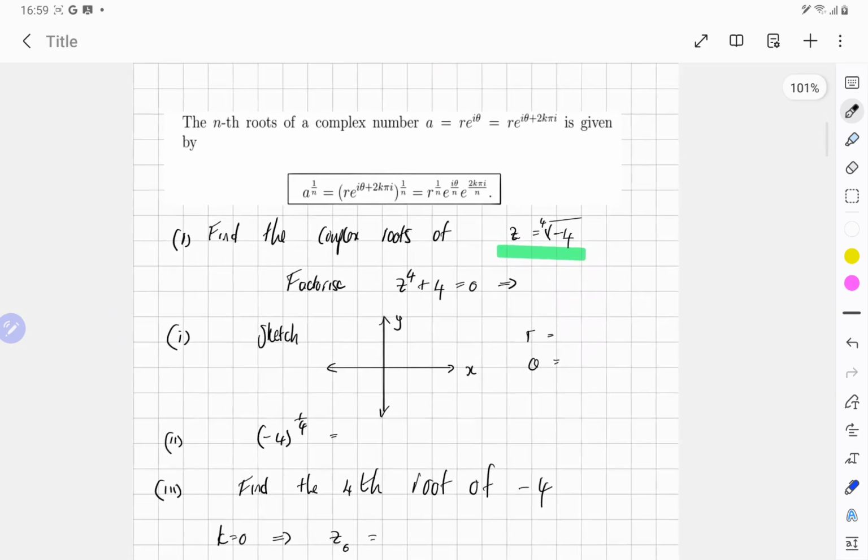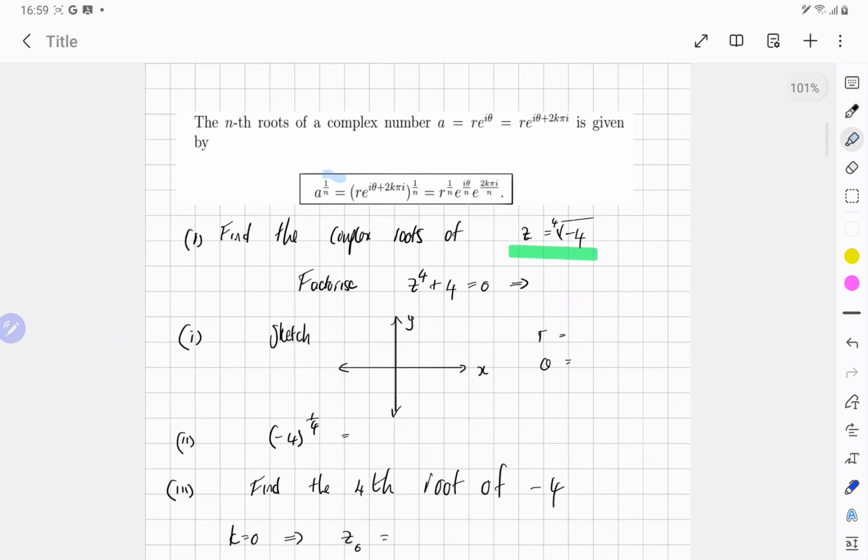So, just to recap again, for nth root, we're going to use this formula. If they ask you to find the 4 complex roots of z equals negative 4, we find the 4th roots of negative 4.